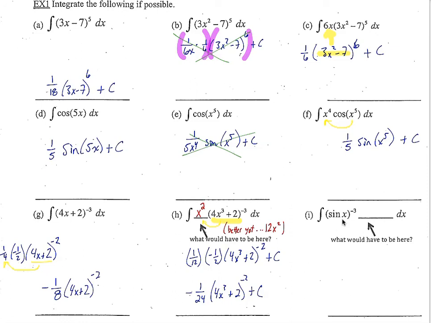So we're going to put in here a cosine x, and then the antiderivative becomes quite straightforward. This is sine x to the minus 2 plus c, and then we just have to balance the coefficients. So this is going to be a minus 1/2 in front.